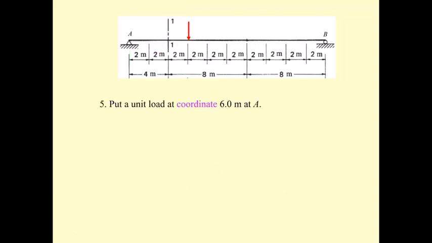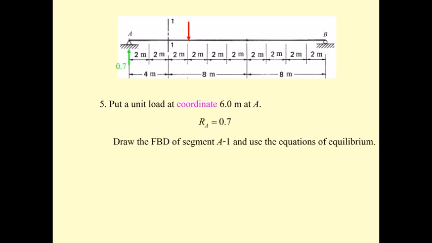Next, we just move it again, and if you remember, at this point we have the R sub A of 1, 0.9, 0.8. It's going to be 0.7. Okay, we're going to have 0.7 here, and then we didn't need to change the free body diagram.